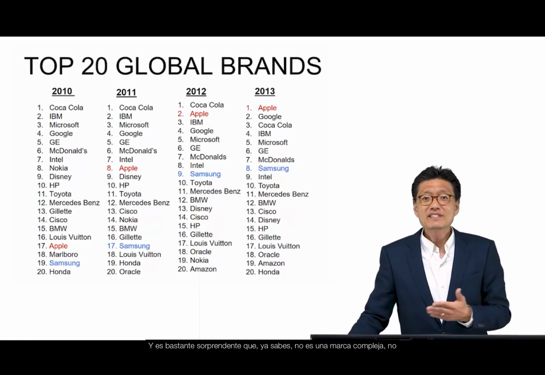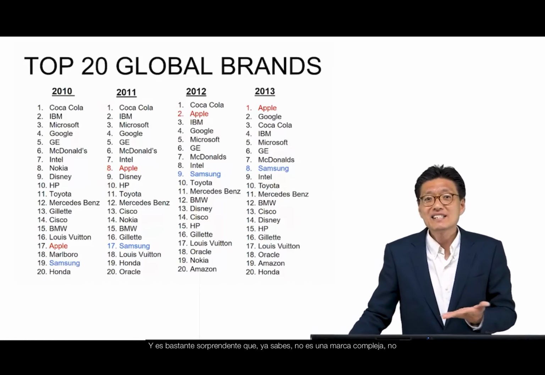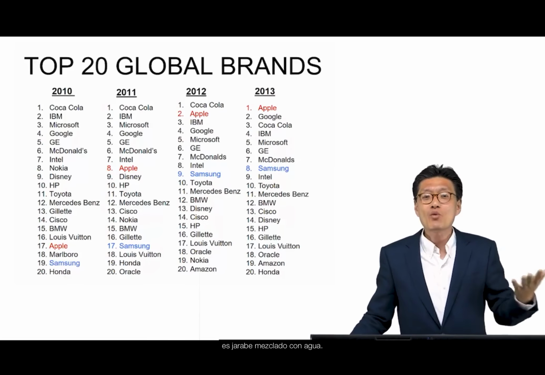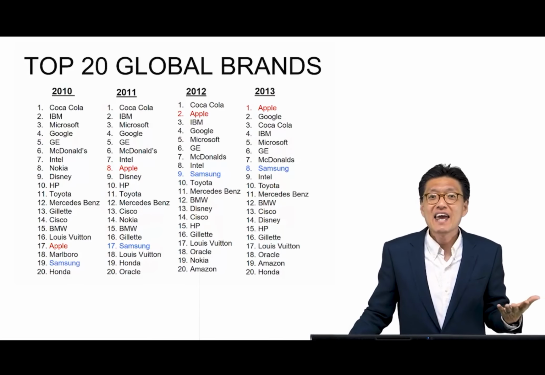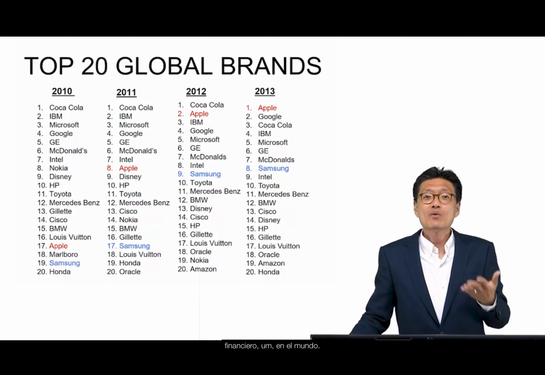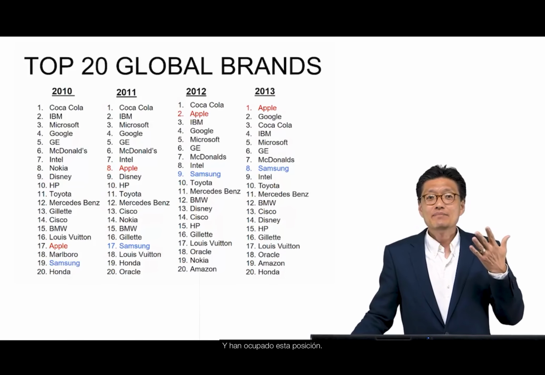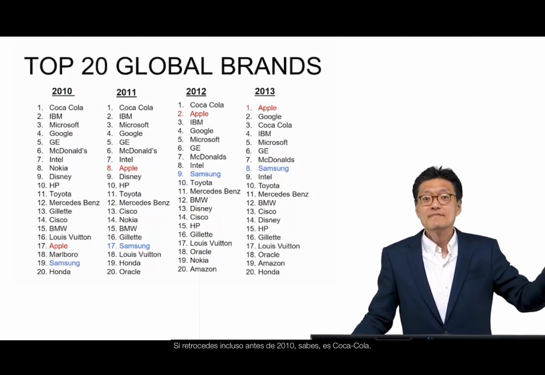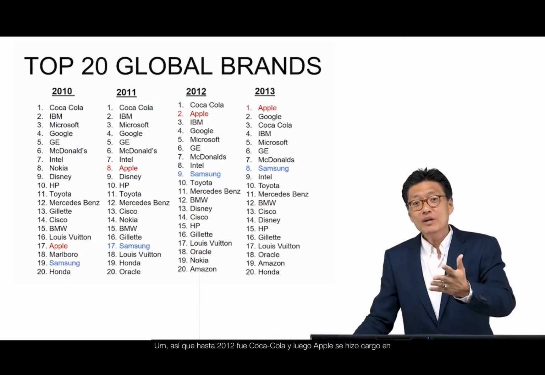And it's pretty amazing that it's not a complex brand, it's not a high-tech brand. It's syrup mixed with water, basically. And this is the top global brand in terms of financial worth in the world. And they've occupied this position. If you go back even before 2010, it's Coke. So all the way up to 2012, it was Coke.